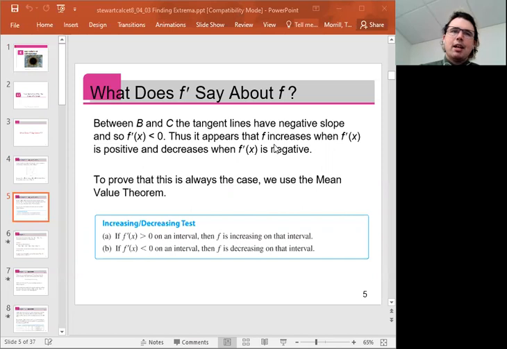So at the very least, our derivative, f prime of x, is indicating whether the original function is increasing or if it is decreasing. So positive derivative means tangent lines have positive slope, and that means the original function is increasing. Negative derivative means that tangent lines have negative slope, and the original function is decreasing.